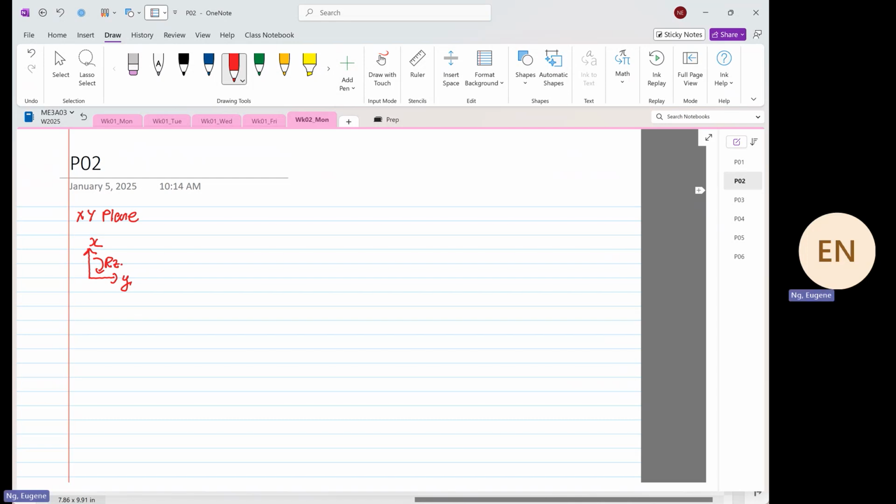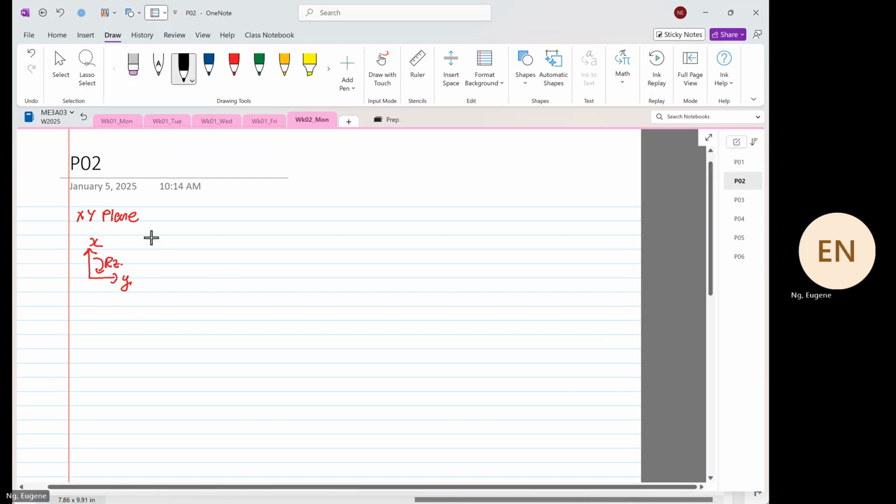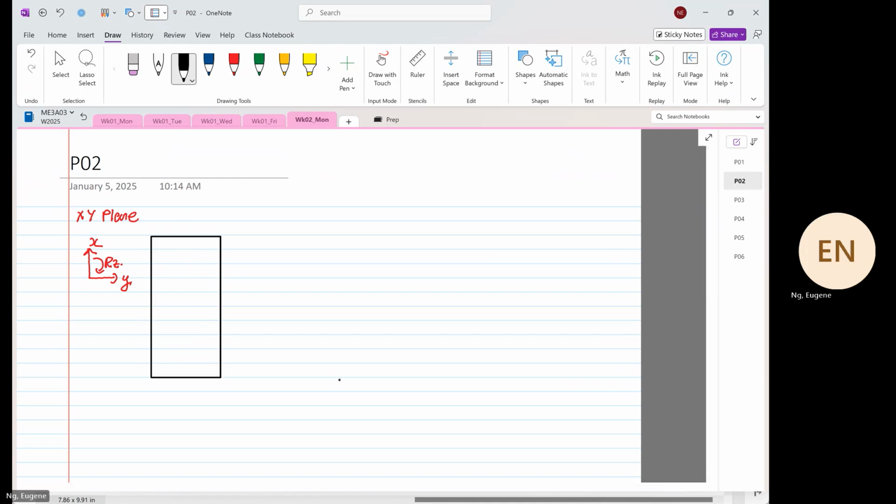So now I'm going to sketch the structure. Now the structure looks like this.